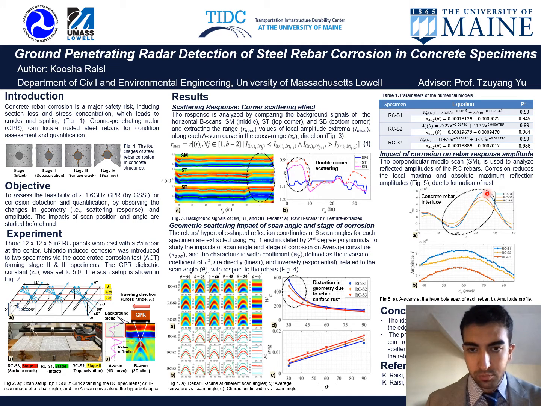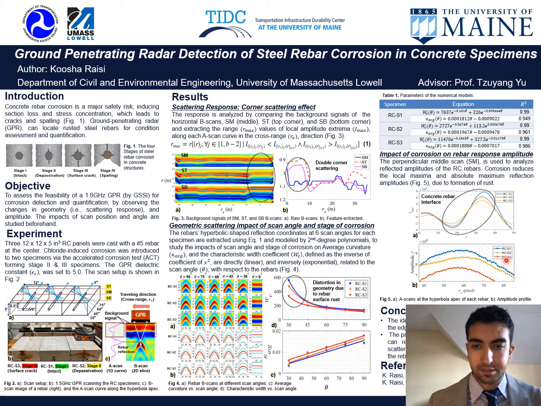For stage 1, the amplitudes are much higher than stage 2, and stage 2 is higher than stage 3. So it shows that when this corrosion process happens, the reflected amplitudes are not as strong as they used to be compared to the intact ones.